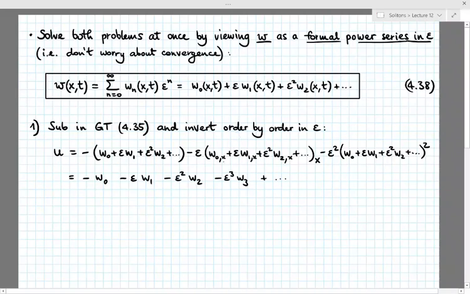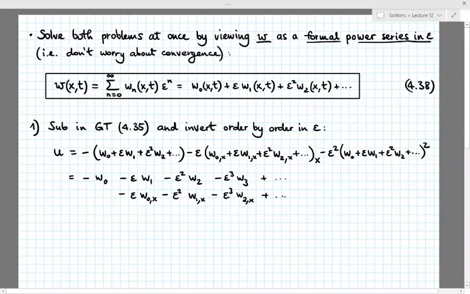The second term, which involved the x derivative, came with a power of epsilon in front, so that gives us minus epsilon w_0,x minus epsilon squared w_1,x minus epsilon cubed w_2,x plus terms of higher order in epsilon.